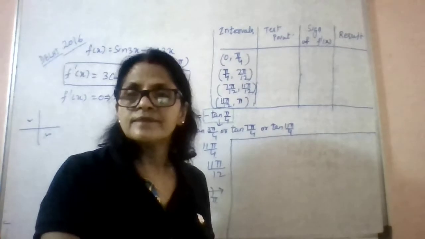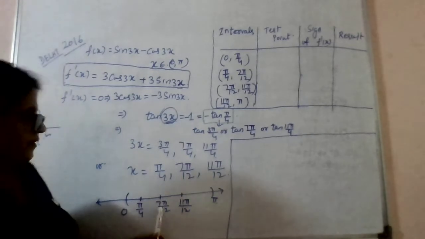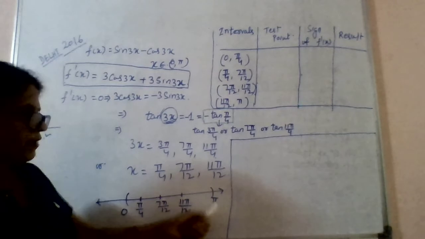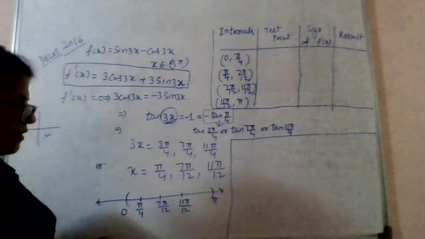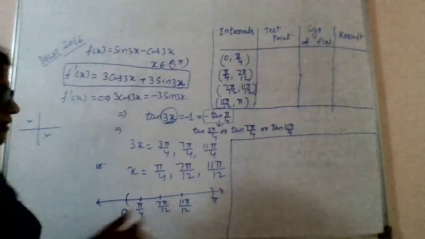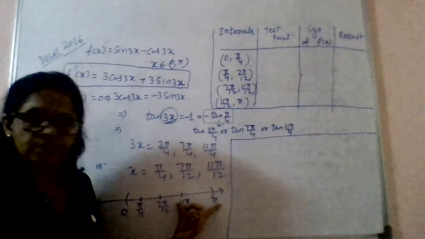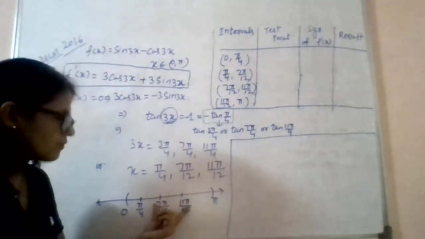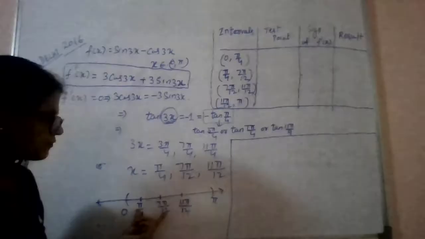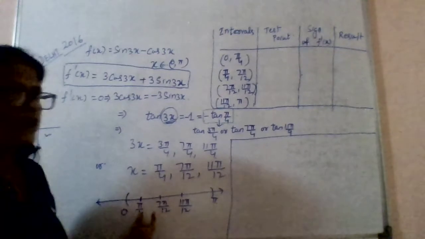After this, between 0 and pi, you can observe we are getting 4 intervals. One interval is 11 pi by 12 to pi. Next, 7 pi by 12 to 11 pi by 12. Here pi by 4 to 7 pi by 12, and 0 to pi by 4.